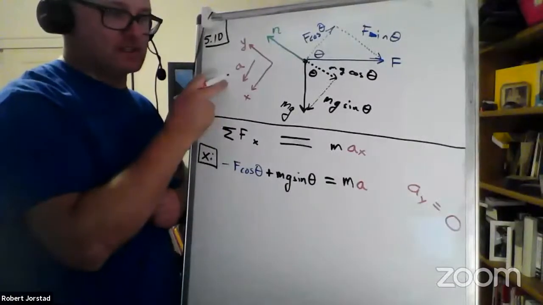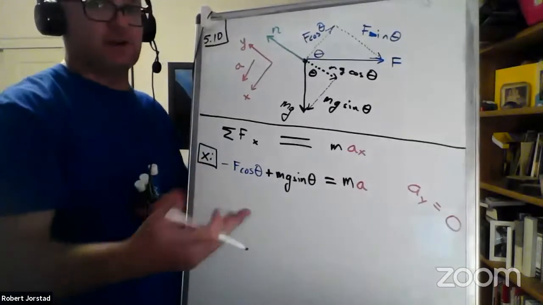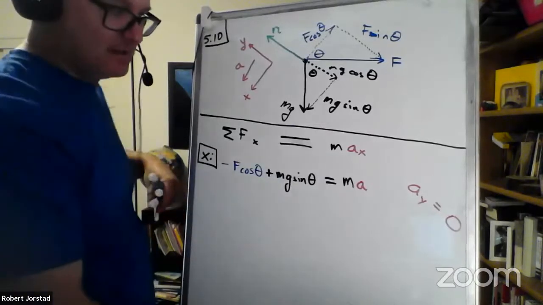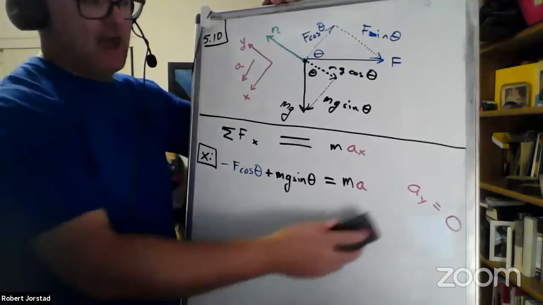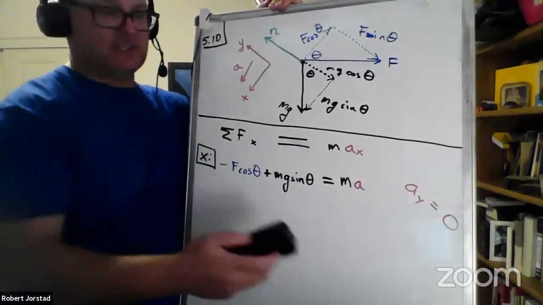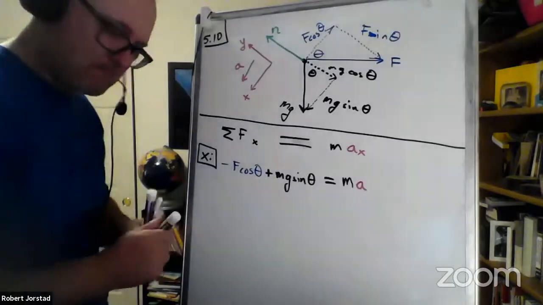So notice this is the trick. By rotating the coordinate system, one of the equations is at least easy because one of the equations equals 0. So even though this looks like a lot of work, no matter what you do, it's a lot of work. Having one of the things end up equaling 0 is actually slightly easier and slightly preferable. Is that good? Yeah, thank you. Nice.